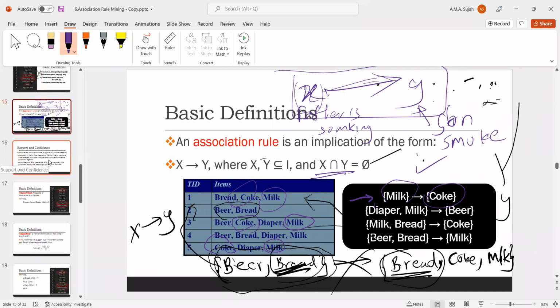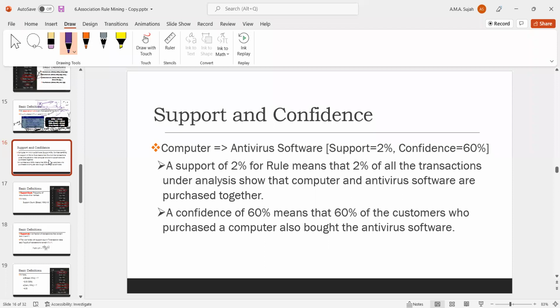Okay, now there are two important things I already mentioned: support and confidence. Whenever you find an association rule, you need to think about what the support is and what the confidence is. These two values are decided by the managers. Let's say you are planning to provide some promotions to customers. At that time, your manager decides the support value and the confidence value.